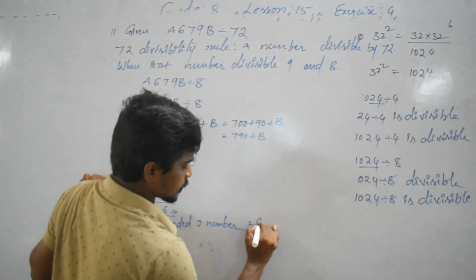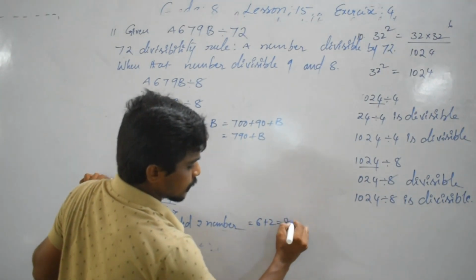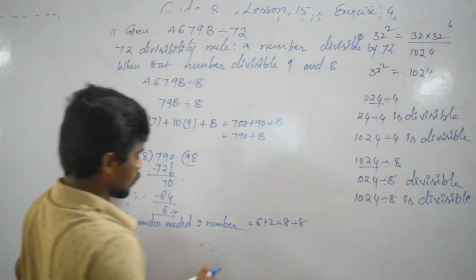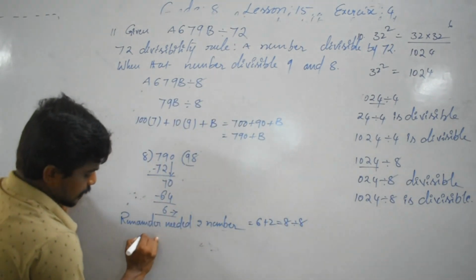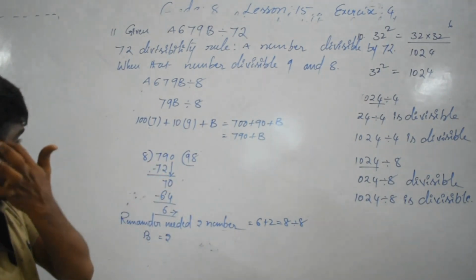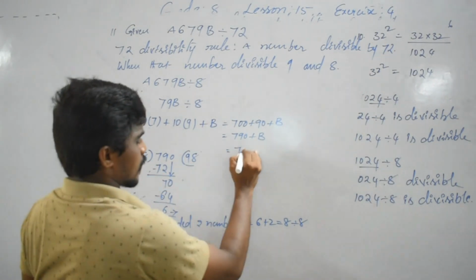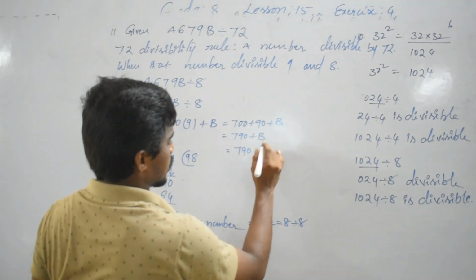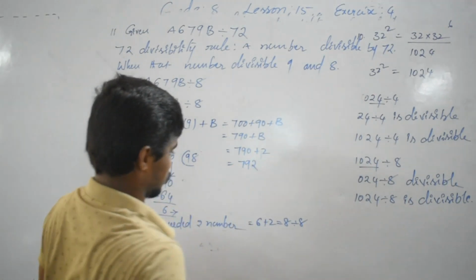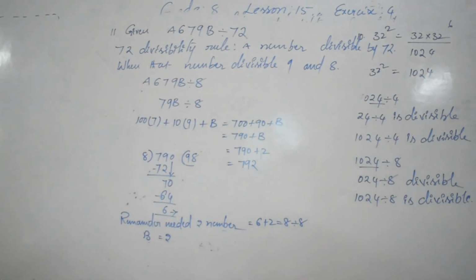So 6 plus 2 is 8, and this 8 is divisible by 8. Yes. So now B equals 6. So 790 plus 6 is 796. So now we have found the B value.